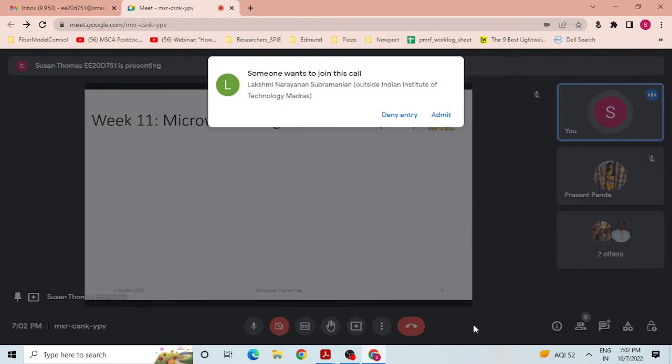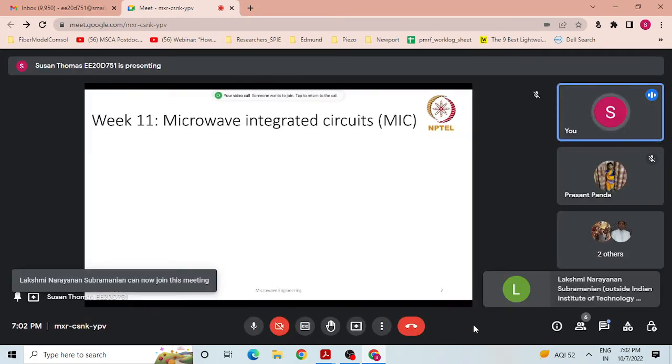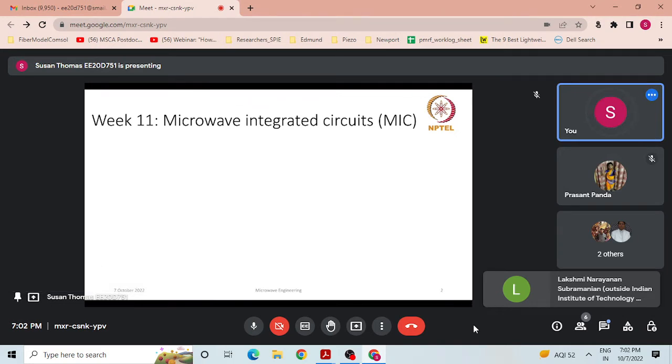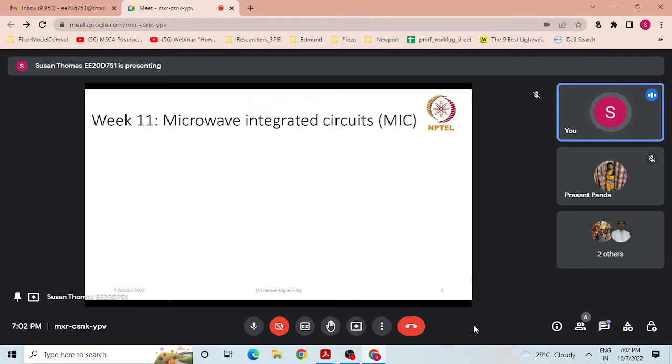So to start with, the content covered in week 11 is on microwave integrated circuits, or in short MIC. The topics covered under this were planar transmission lines for microwave integrated circuits.